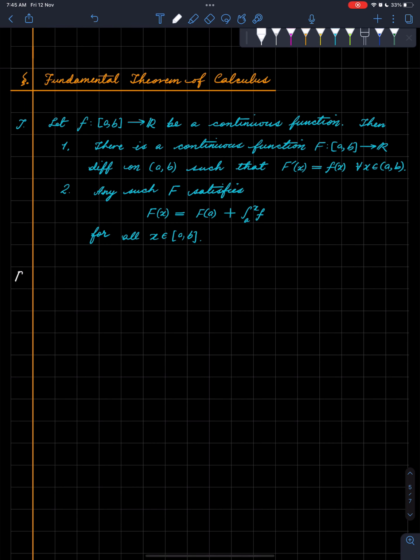In fact, first we will show the existence of capital F by constructing it, and then we will show uniqueness.